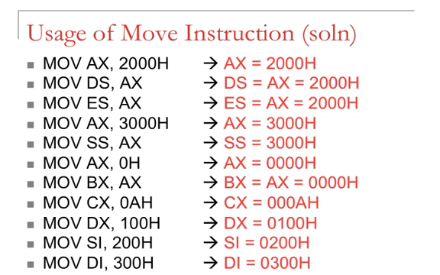And the next instruction is MOV DX, comma 100H. So we're going to put 100H into DX. And the last two instructions are used to initialize those index registers. So as a result, SI has the value 0200 and DI has the value 0300.